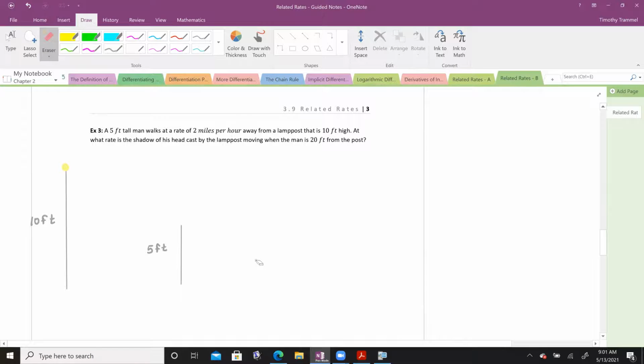Let me use the line tool so it looks a little cleaner. Now we're just going to go from here to the ground. Wherever this line ends is the end of our shadow. Let's say right there.